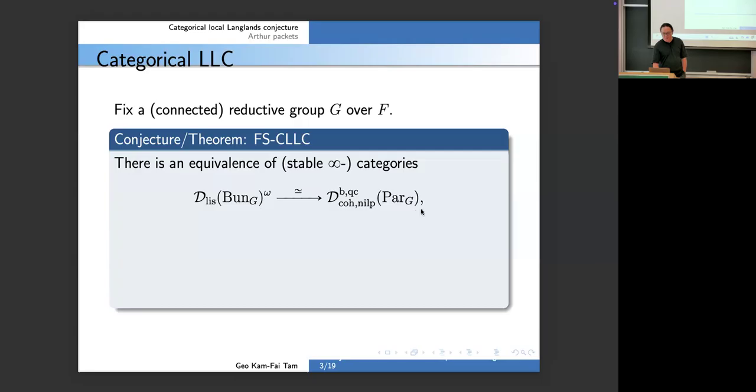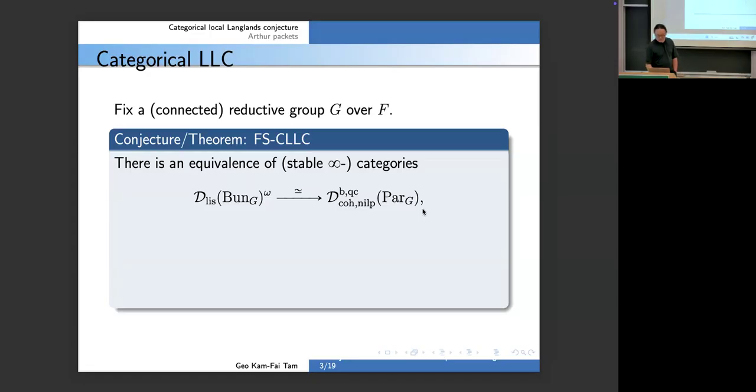And on the right-hand side, we have the derived category of, okay, a lot of decorations here, bounded, quasi-compact, coherent sheaves on Par_G, which have nilpotent singular support. Later on, I will explain these objects, Bun_G and Par_G. But you can roughly imagine this left-hand side is the side of representations, and the right-hand side is the parameter side in the classical situation.